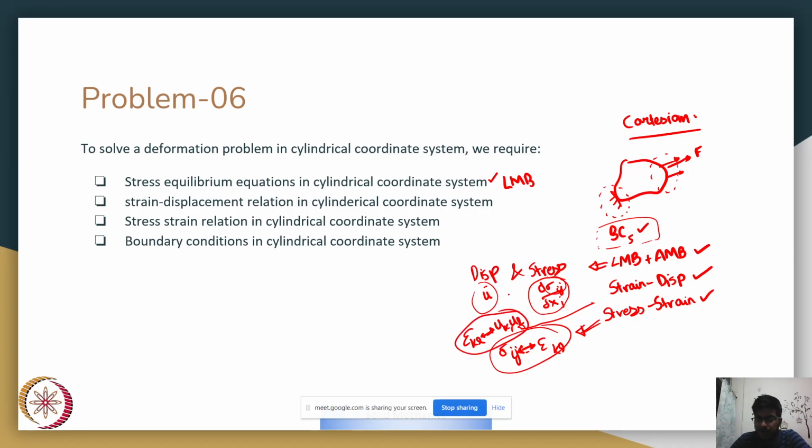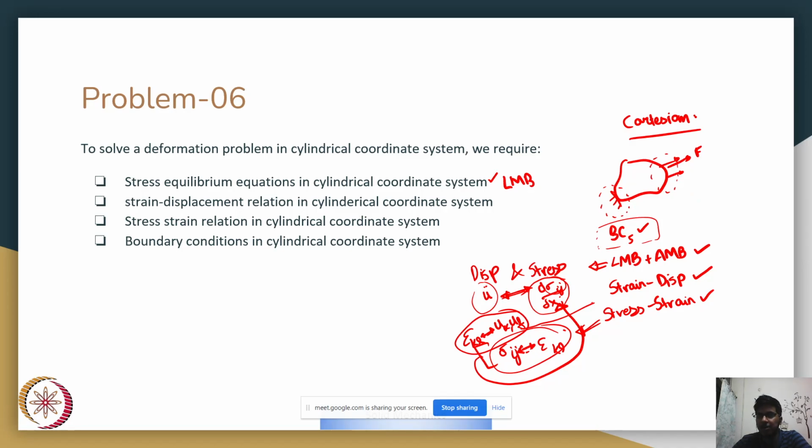So you have this equation, then you use these two to substitute here to essentially end up with an equation only in u, only in displacement terms. So all four equations are required.